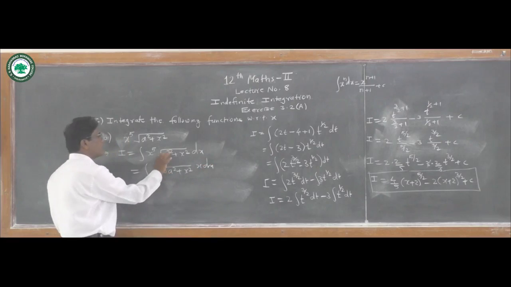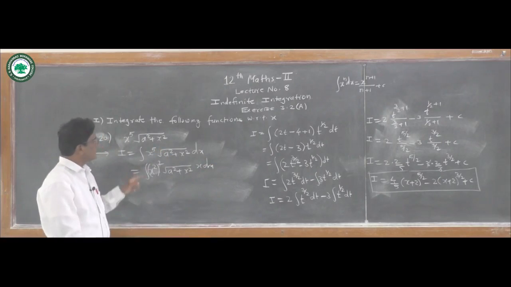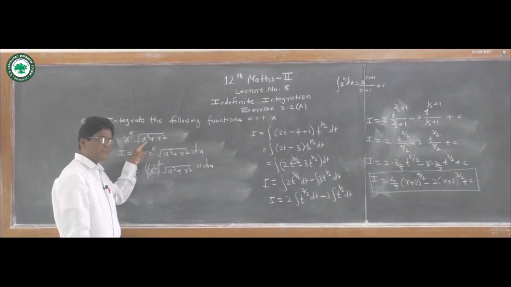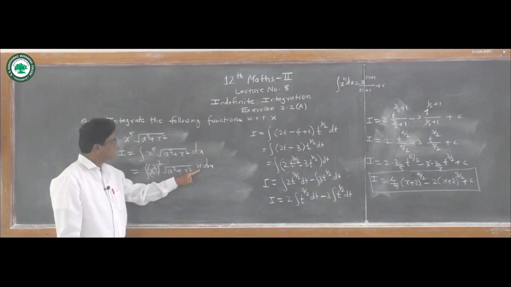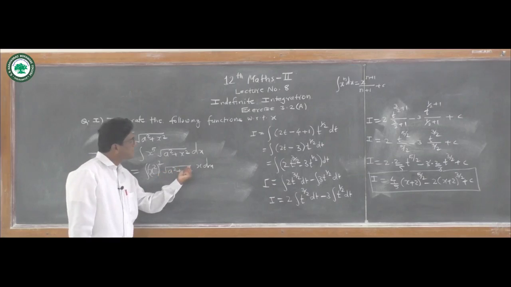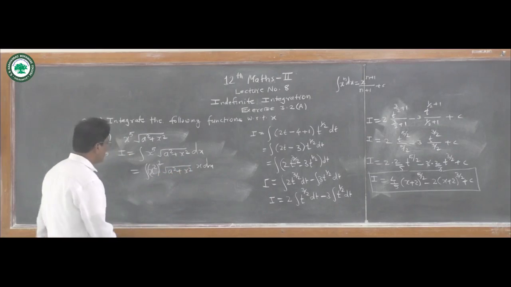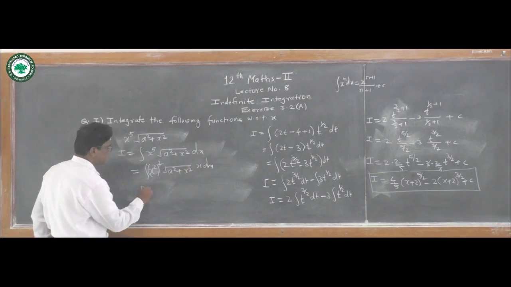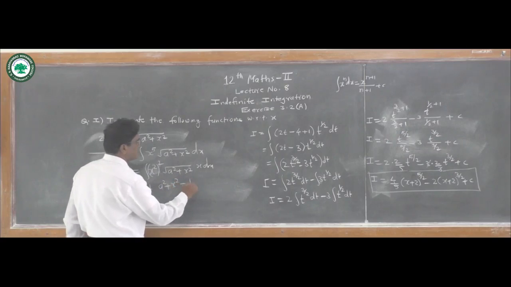And this x to the power 4 as x square to the square. We write x to the power 5 as x square to the power 2 and 1 x. And now we put the term inside the root, a square plus x square, as t. So put a square plus x square is equal to t.